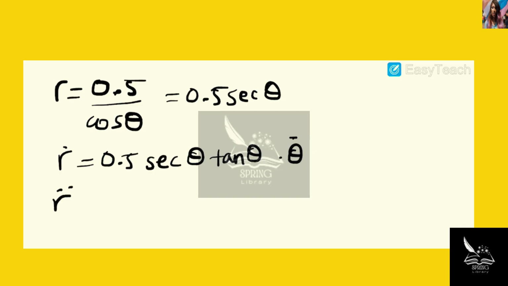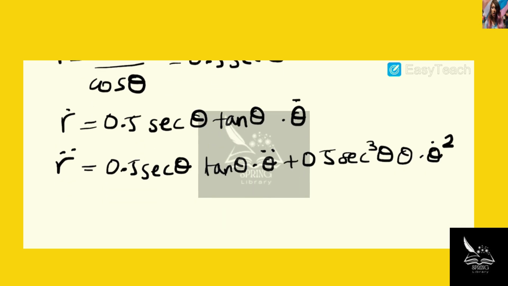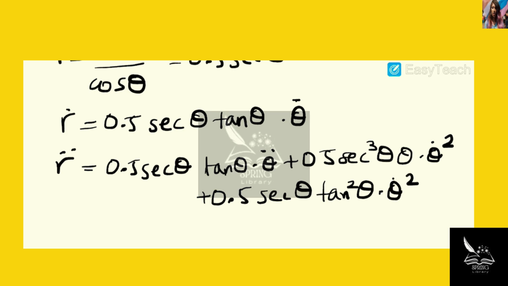And then our r double dot will be equal to 0.5 secant theta tangent theta times theta double dot plus 0.5 secant cubed theta times theta dot squared plus 0.5 secant theta tan squared theta times theta dot squared.